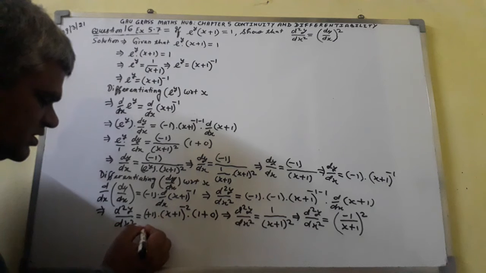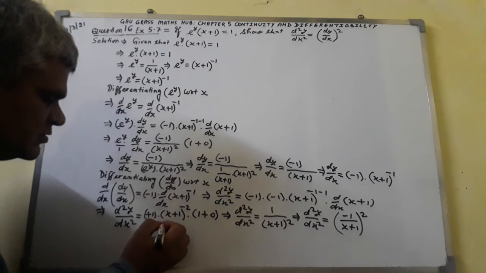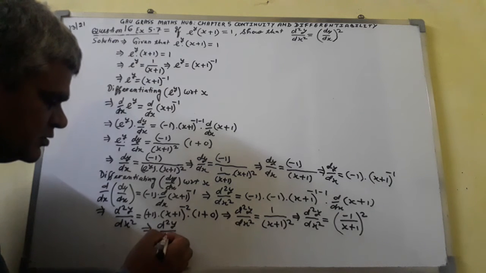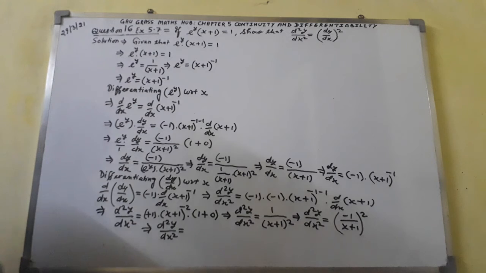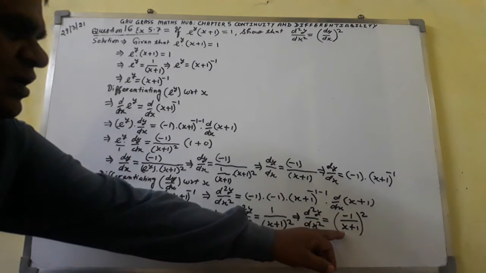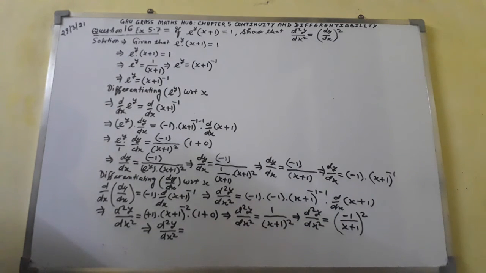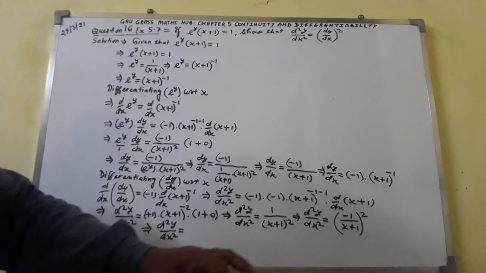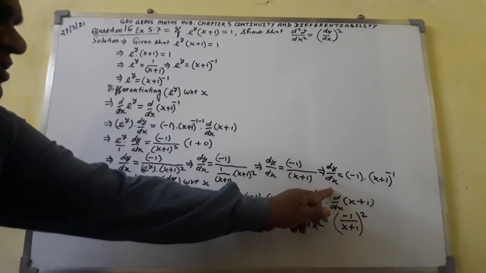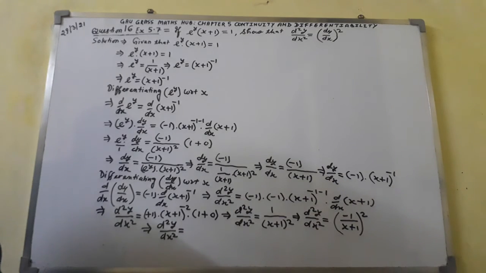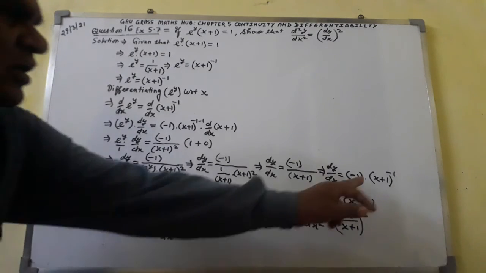So here I shall get, implied that d square y over dx square equal to minus 1 over x plus 1, whole square. From here, you can see dy over dx equal to minus 1 over x plus 1.